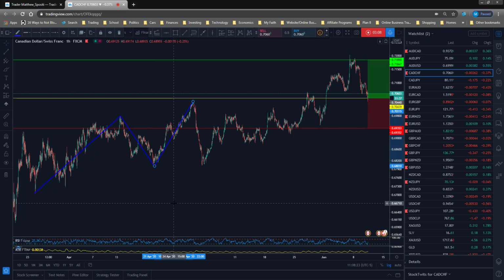This is the 3-point move that you have to have in order to identify a trend. In my book, this is what I have to have to identify a trend. We broke structure to the upside, had a retracement, extended higher, and broke structure to the upside again. That is what I identify as a bullish trend.